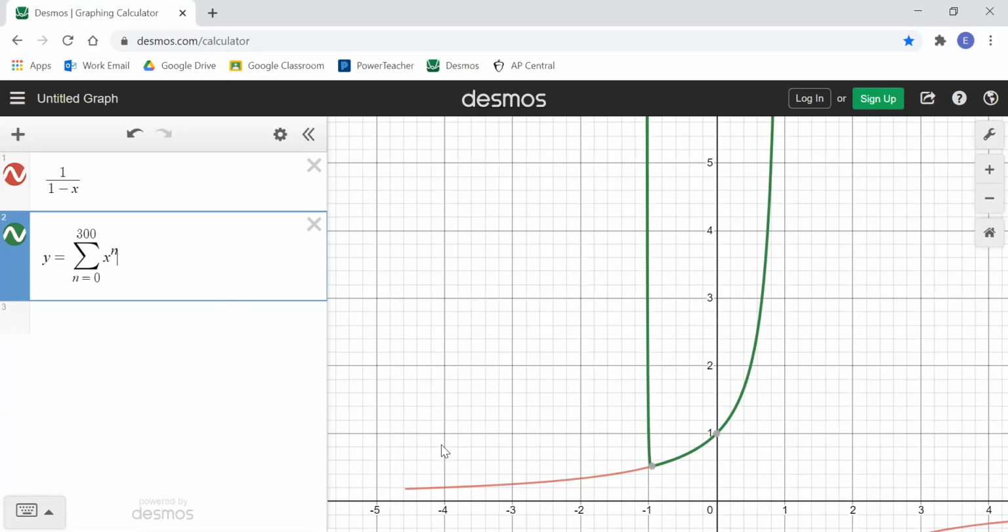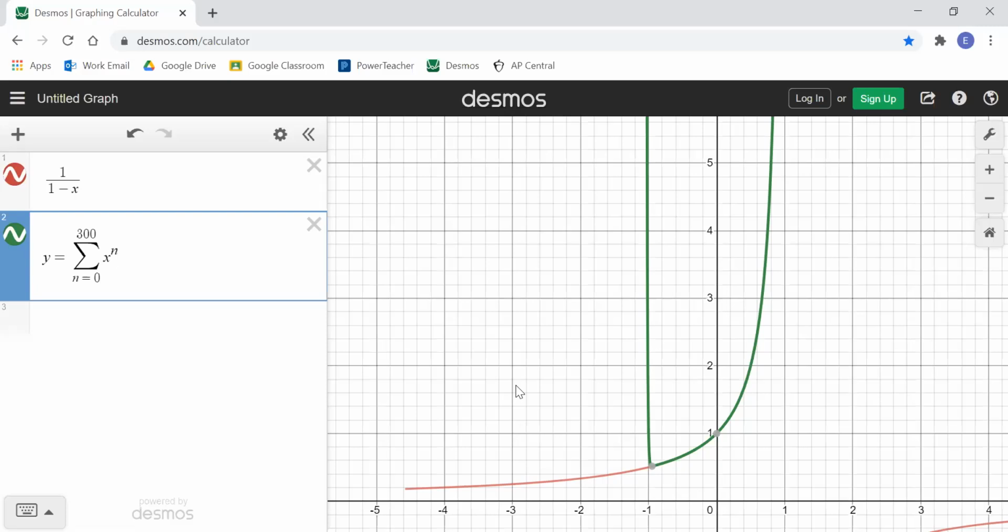It's having to do x to the 0 and then x to the first and then x to the second and x to the third for every value between -1 and 1 all the way up to the 300th power of each of them, right? And it's really struggling here. But we'll give it a second.